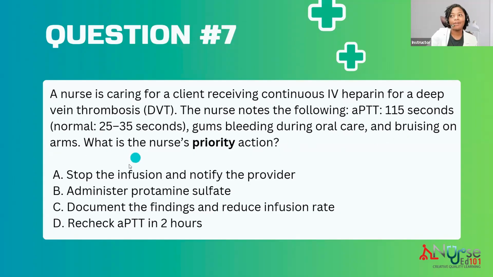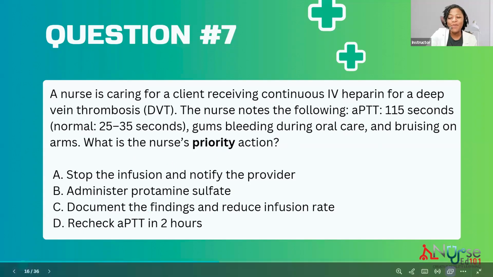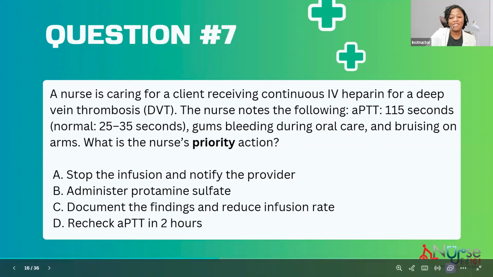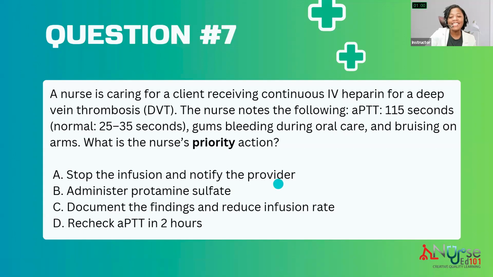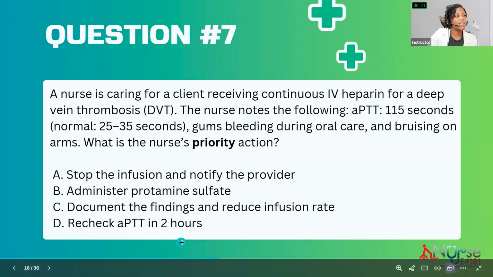So this is a problem. Now they're asking us, what is the priority action here for this patient, right? What is our priority action for our patient in this situation? What are we going to do about it? Problem, solution. What's going to solve the problem? We've got to help this patient now.